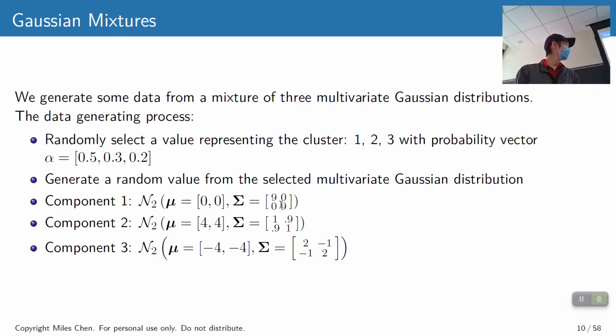Component 2 has a mean of 4, 4. Its variance is a lot smaller, 1, 1, but there's high covariance, 0.9, 0.9. Component 3 has a mean of -4, -4, and its variance is 2, -1, -1, 2, so there's some negative covariance there, okay?